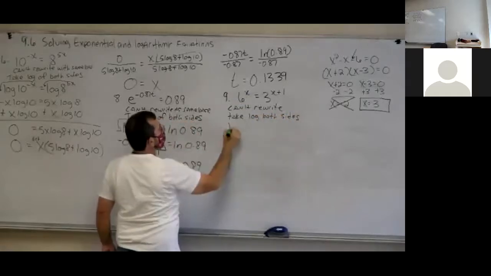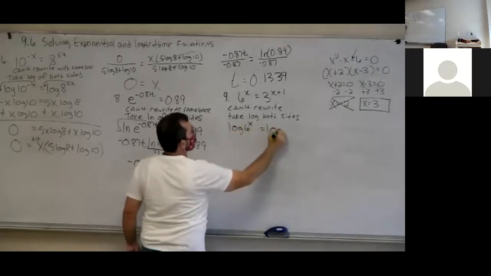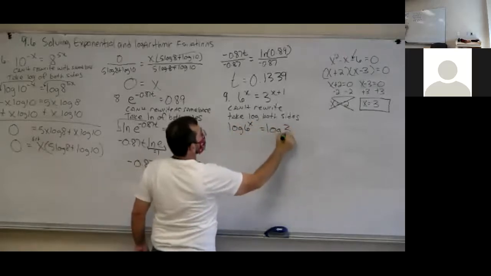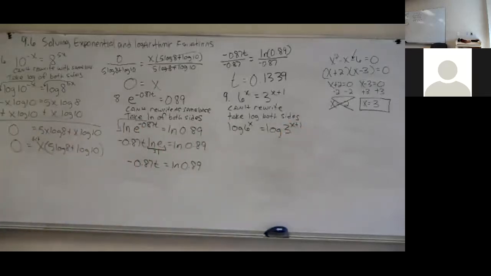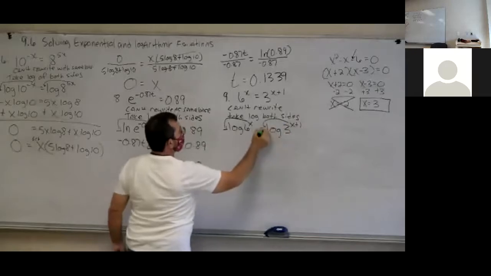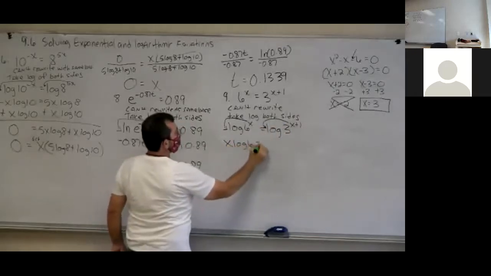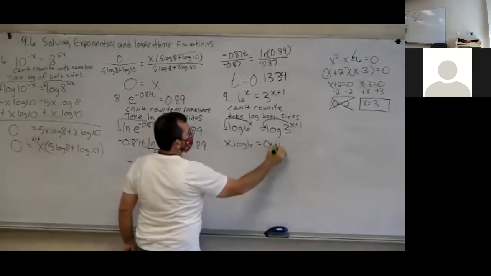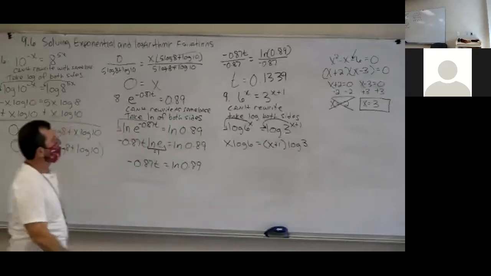So the log of 6 to the x equals log of 3 to the x plus 1. So we're going to shoot some exponents down to the front. So I get x times log of 6 equals (x plus 1) times my log of 3.